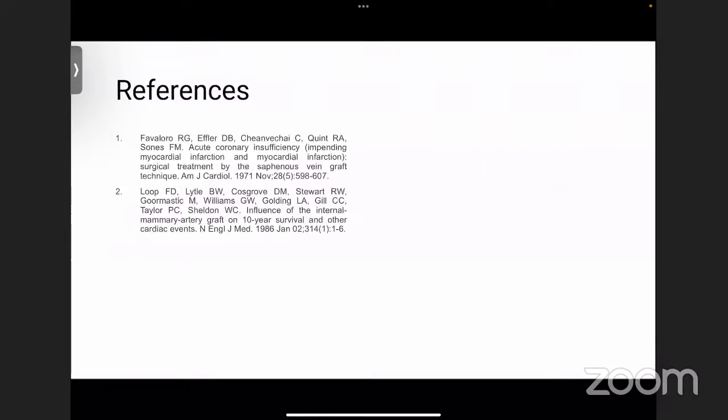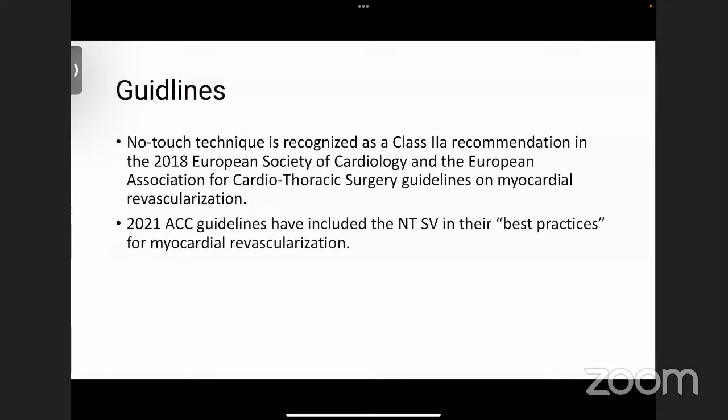To summarize, there are no real RCTs between the radial and the saphenous showing real benefits in quality of life, mortality, whatever. BIMA hasn't been effective, we can see that versus SIMA. Let's see what the Roma trial says.